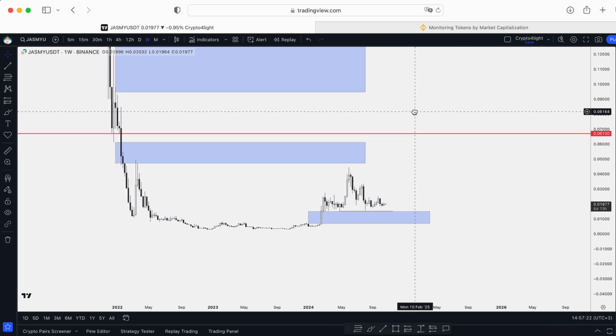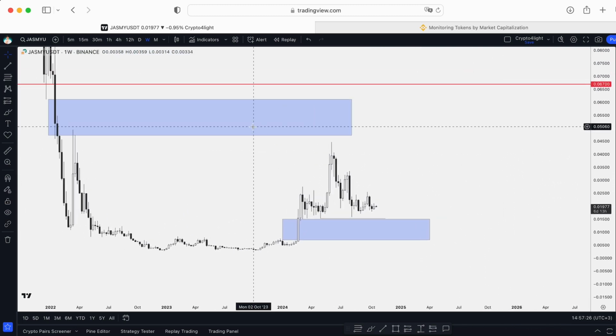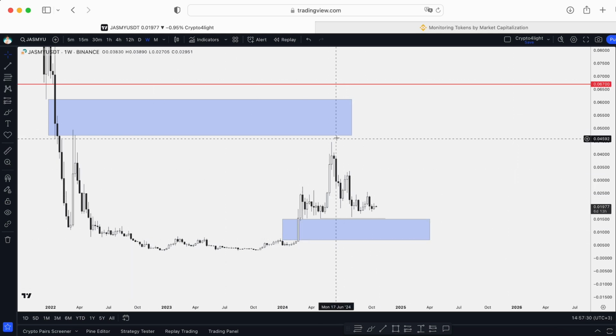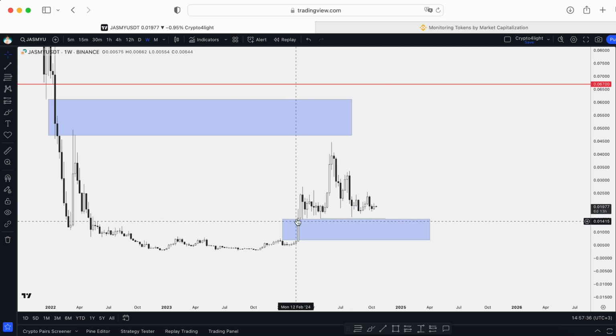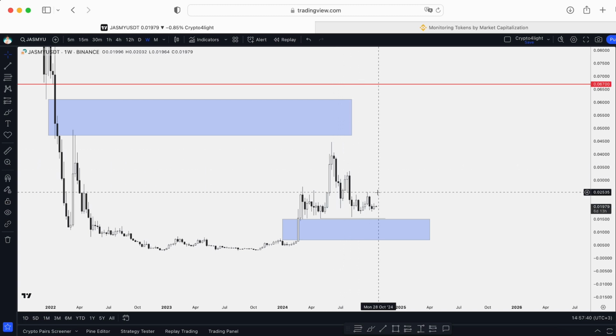But who knows? Also, the bad thing: people who trade classic TA can find that we started forming something like a head and shoulders pattern on the weekly time frame. So impulse, left shoulder, head, and here was like a right shoulder.